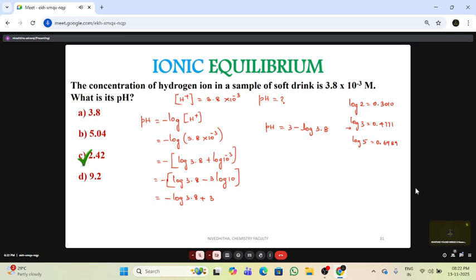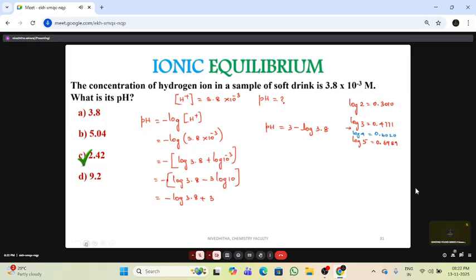We need not memorize, right? We can always calculate. So what is the value of log 4? 0.6020. Very good. So log 3 value is 0.4771, log 4 value is 0.6020.